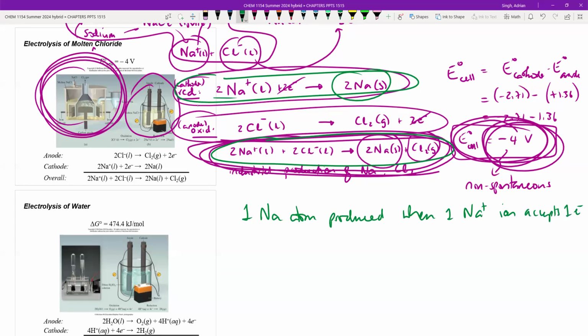We can just divide this entire thing by 2 to get that 1-to-1 ratio. So there's a 1-to-1 mole ratio in all of these.